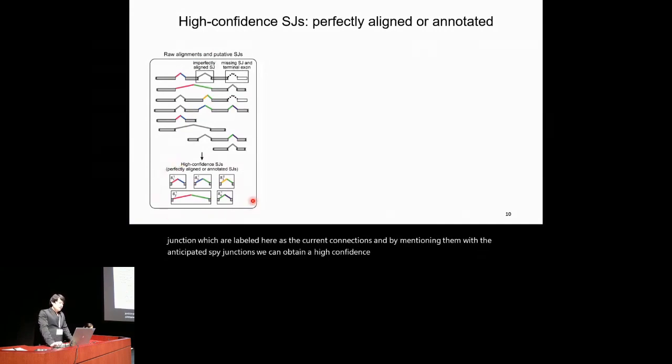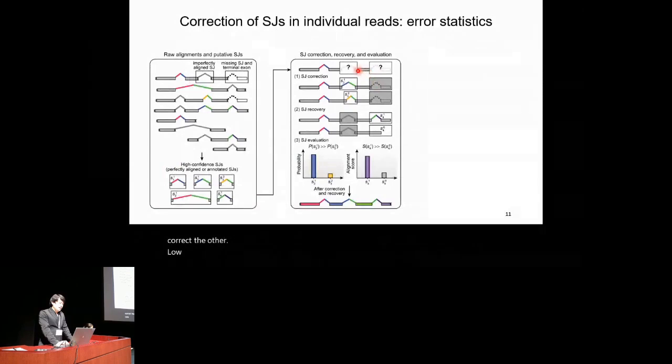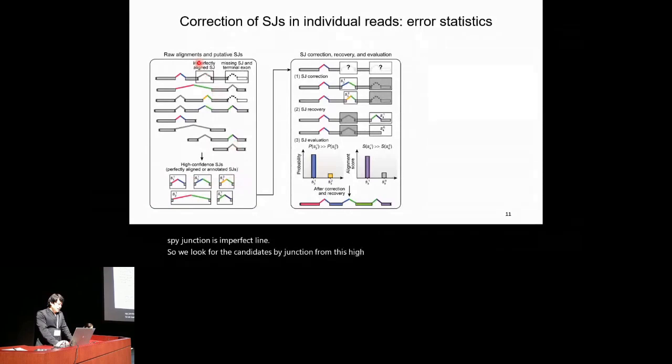Next, we use this set to correct the other low confidence splice junctions that are not perfectly aligned. For example, this first read has its second splice junction imperfectly aligned. So we look for candidate splice junctions from this high confidence set that are close to this one, and actually we can find 2 in total.